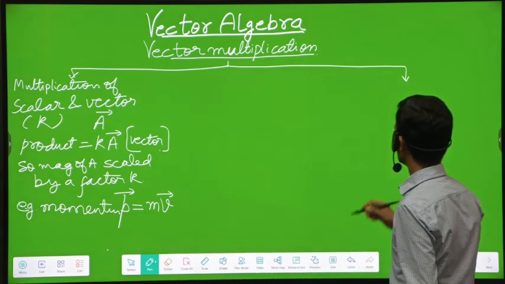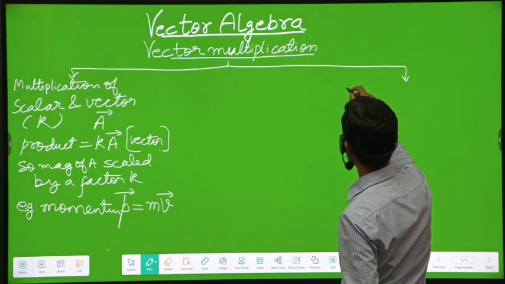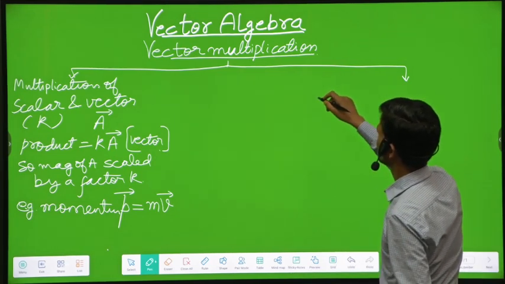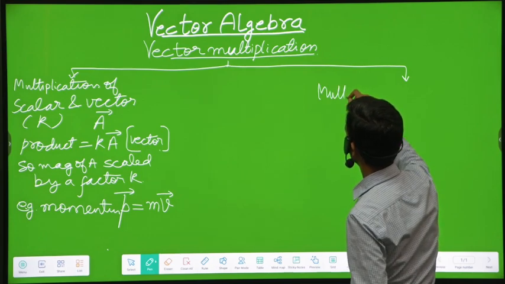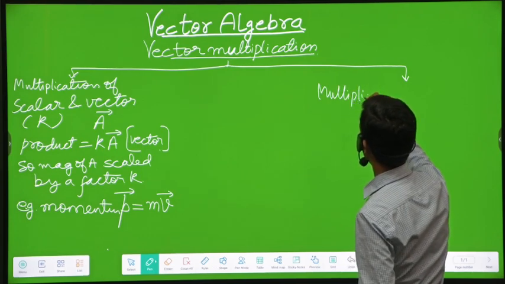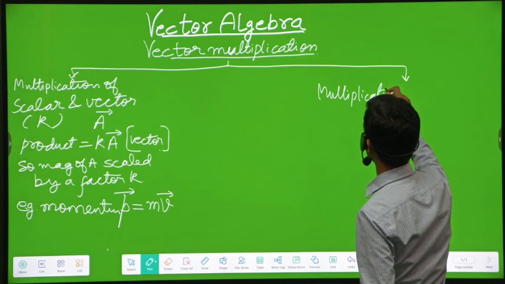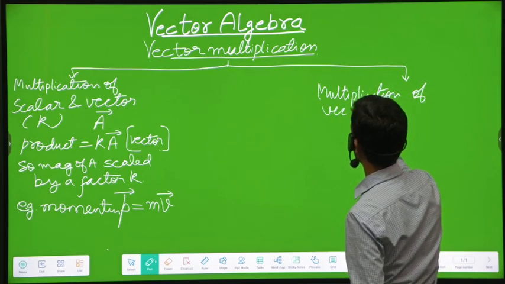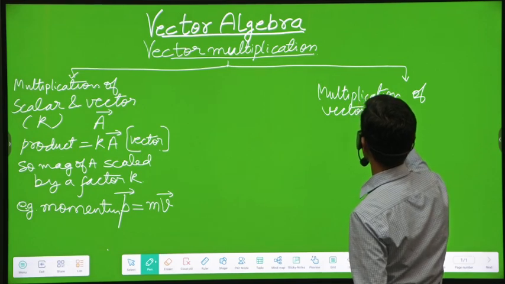But what if we want to find multiplication of vector and vector?